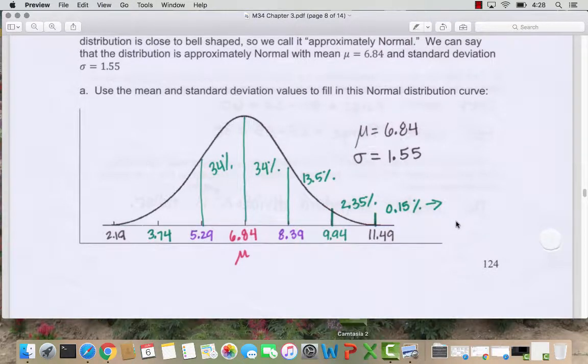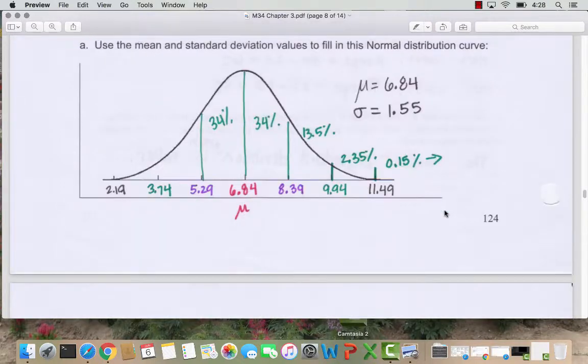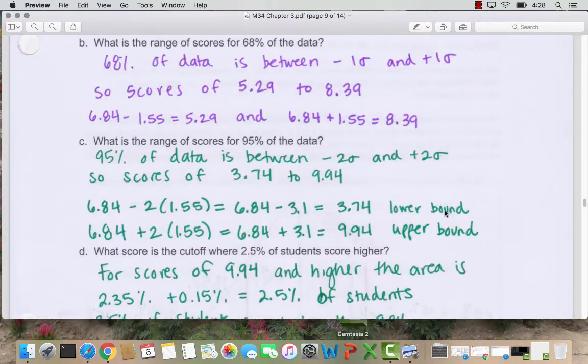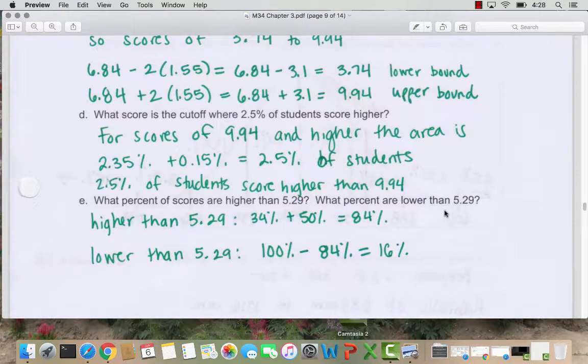Those are the point at which we'd say these are unusual students or outliers. And so we can see if we add those percentages up, we've got 2.5% of students higher than a score of 9.94. So we're able to say for scores of 9.94 and higher, the area is 2.5%. So 2.5% of students score higher than 9.94.